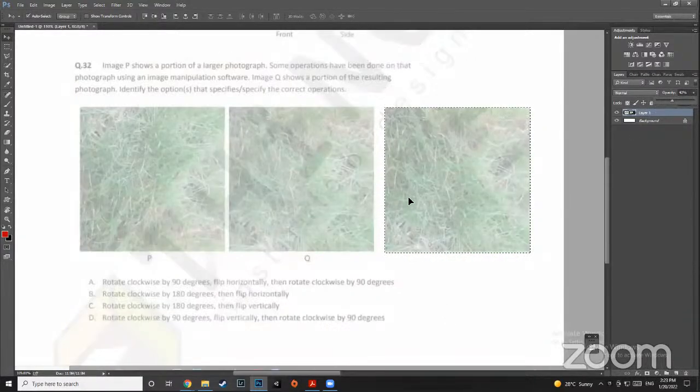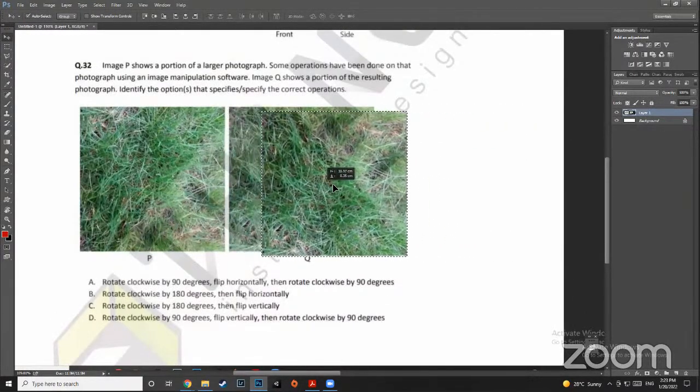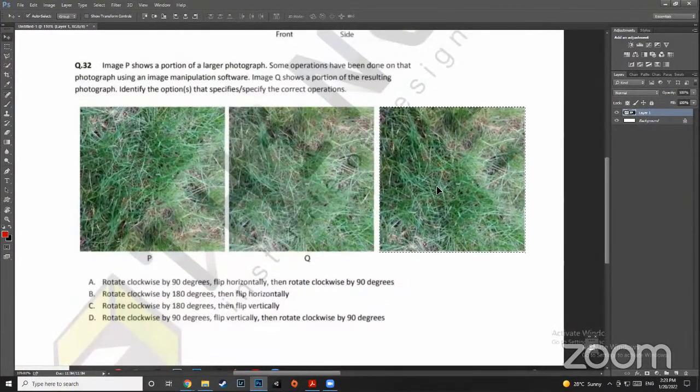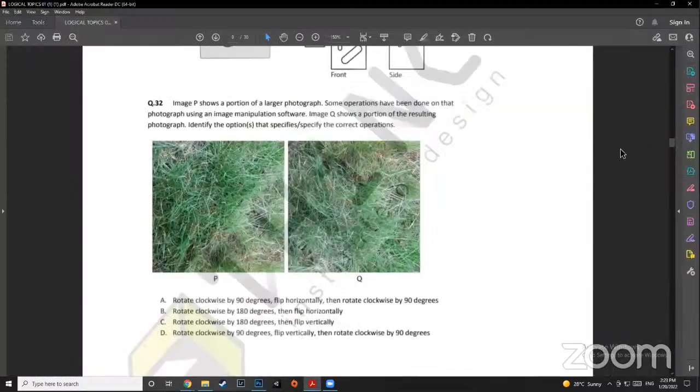If you can see, it has been rotated properly, right? So that is why option B would be correct. Similarly, you need to do all sorts of other rotations, figure out whether it works or not, and then only select the correct answers.